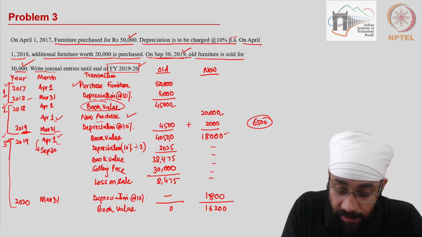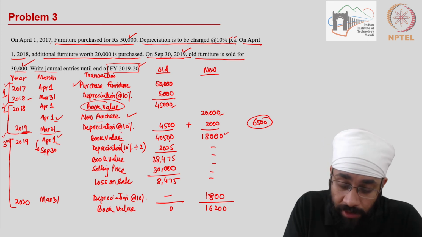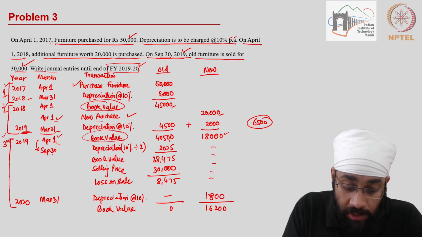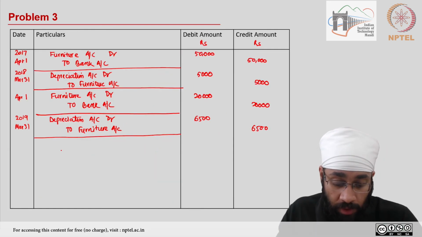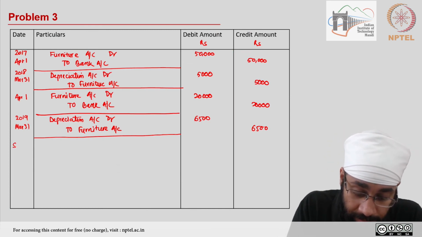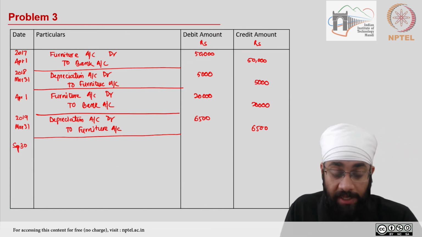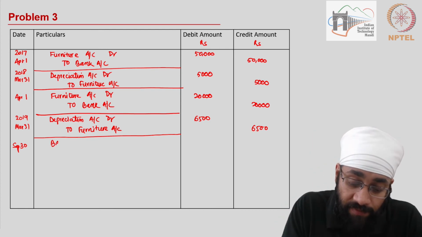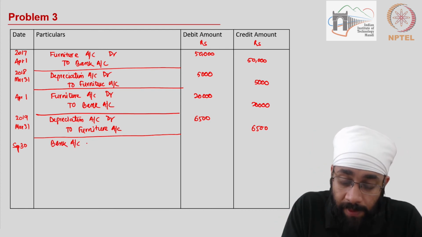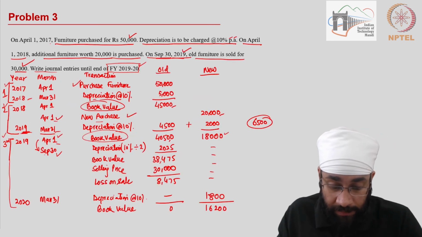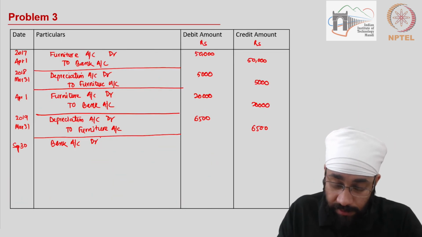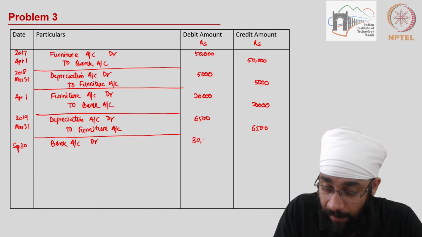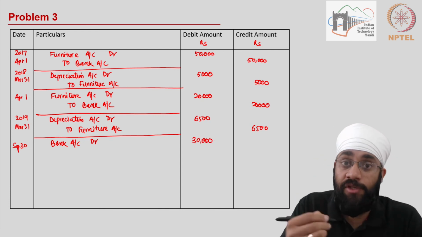On April 1st, new book value. Again, for book value, there is no transaction here. On September 30th, 2019, there is a transaction of sale of furniture. When you sell the furniture, you get money. So bank account debit, what is the amount? You got 30,000. So debit amount 30,000 and furniture is going out.